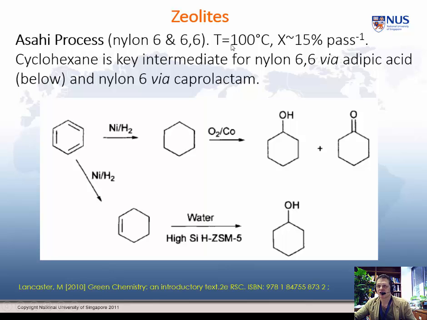So the modern process, using 100 degrees centigrade, and again cyclohexane is the key intermediate. I'm not going to go into the chemistry, but at that lower temperature you can use ZSM5, high silicon, high acidity, and successfully run that process without destroying your catalyst.